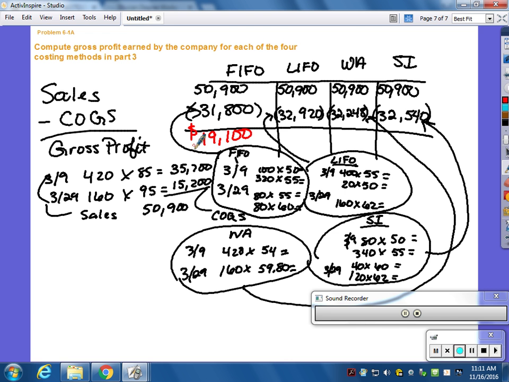What about for LIFO? 17,980. Weighted average? 18,652. Specific identification? 18,360.